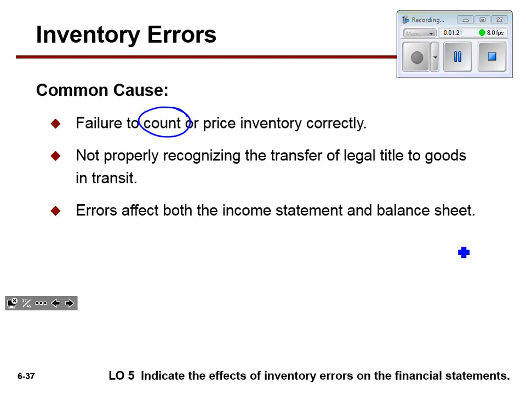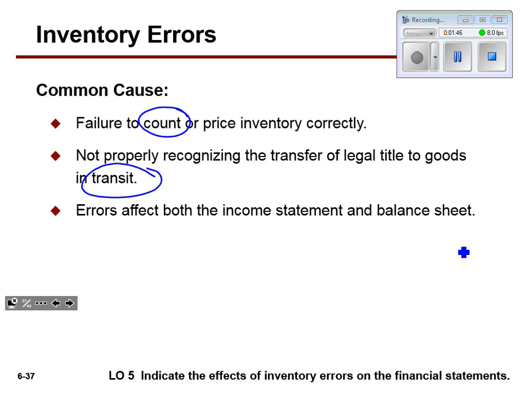Well, there's a lot of hands in the cookie jar there. Not properly recognizing the transfer of legal goods in transit. So basically, errors in the stuff that's being transported. Who owns that? What happens if it ends during the fiscal period? Then where does that inventory go? So just the complexities of goods in transit can cause errors.